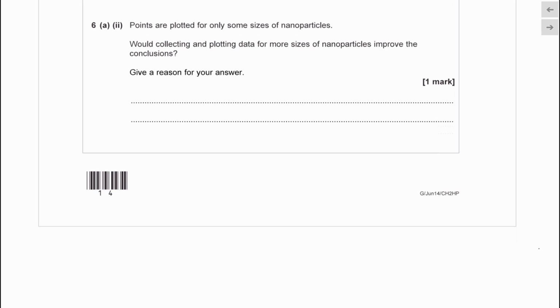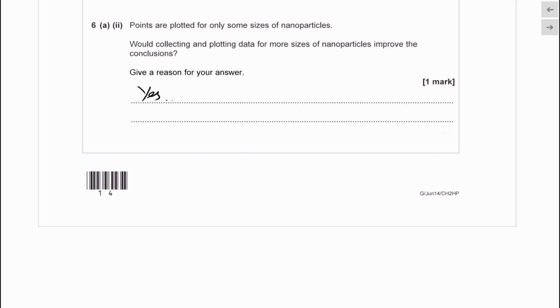It says points are plotted for only some sizes of nanoparticles. Would collecting and plotting data for more sizes of nanoparticles improve the conclusions? Give reasons for your answer. So that's obviously going to be a yes. More data gives you more reliable results.